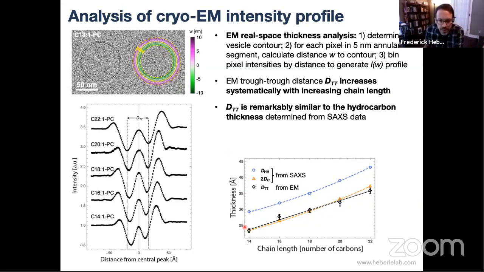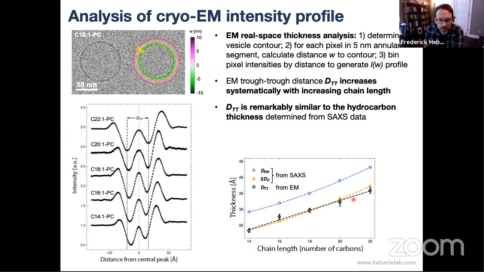And this figure shows the distance between the two troughs calculated for these bilayers of increasing thickness, of increasing chain length. And I've also plotted 2 of the bilayer thicknesses that were obtained from SAXS analysis of the same sample. So in general, it looks like the trough distance in a cryo-EM image, that's the black data points and the black dashed line, it looks like it corresponds to the hydrocarbon thickness.